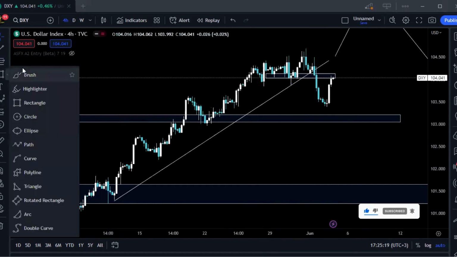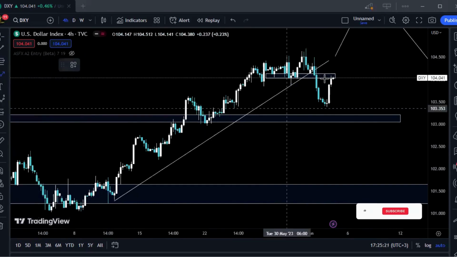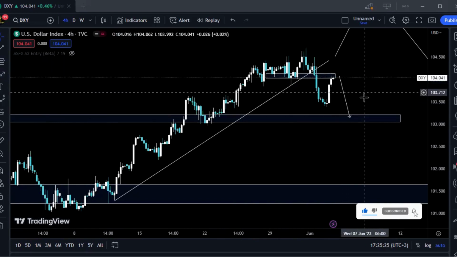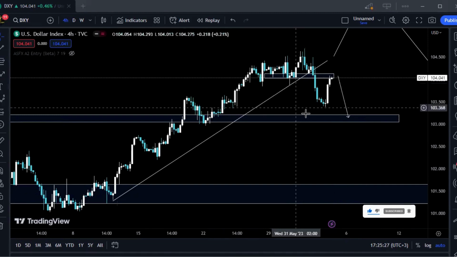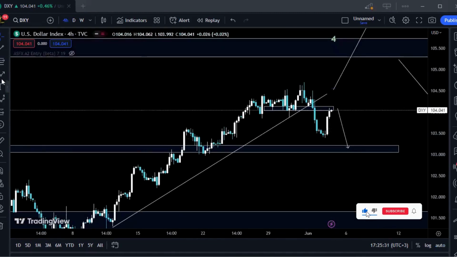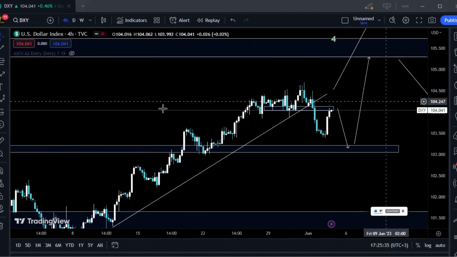So we might be looking to see prices push lower until it reaches somewhere here before it actually takes off, right? Before it actually takes off to go all the way up here.